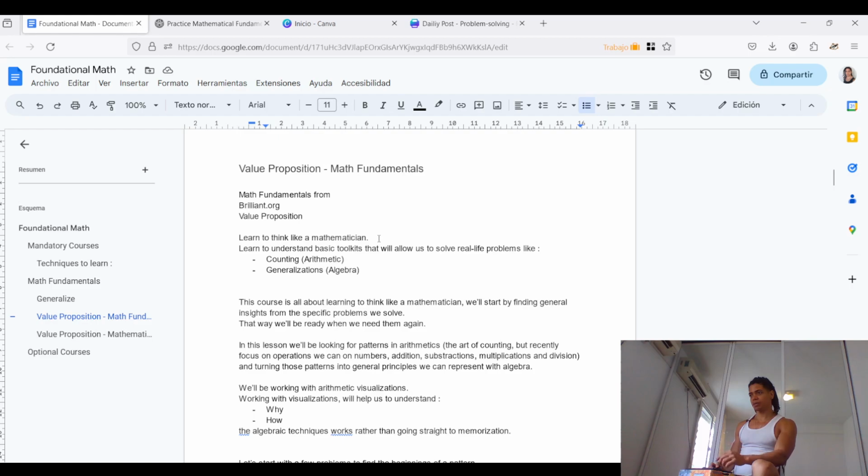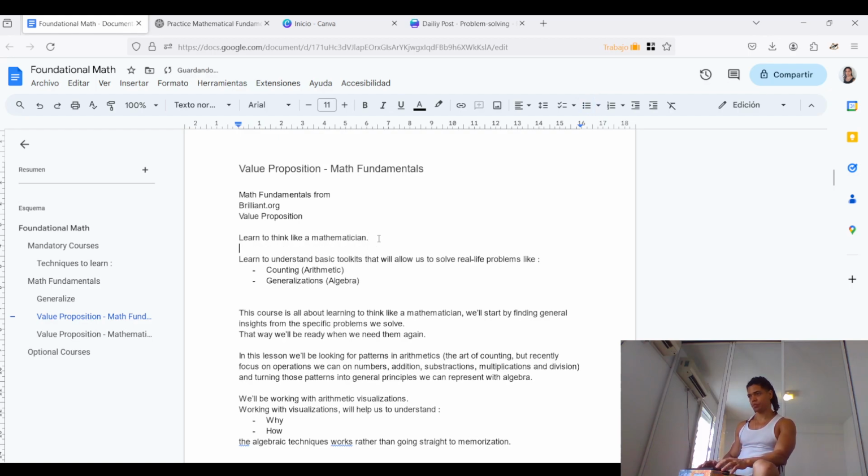So learn to think like a mathematician, similar to a role in a game.